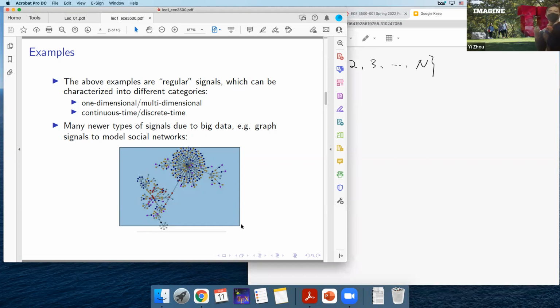One, I need to know how many nodes there are in the graph, so that I can put the correct number of dots in this picture. The second thing is that I need to know their relationship so that I can connect these nodes in different pairs accordingly.